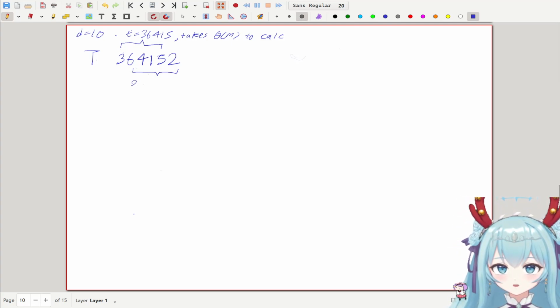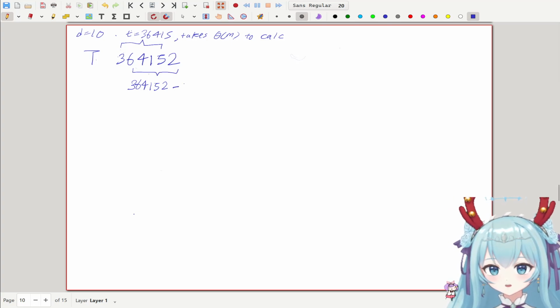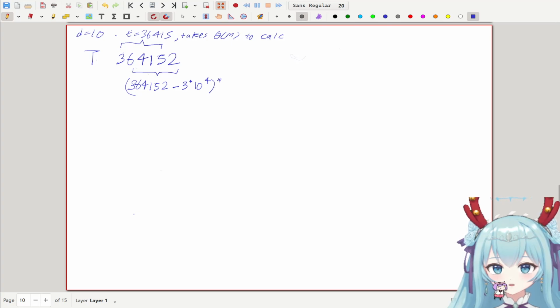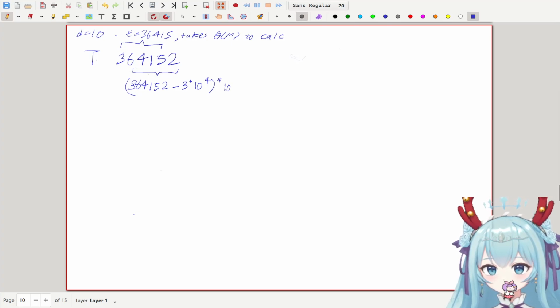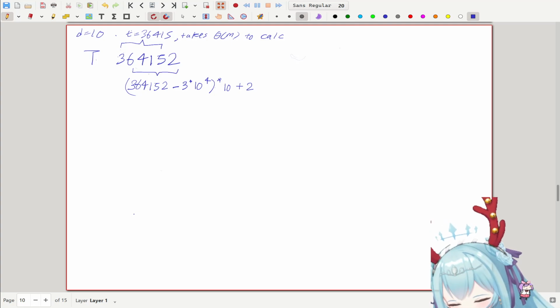We can just take the old t value, which is 364152, minus the value of the most significant digit they had. So it will be minus 30,000, okay? And then we'll multiply it by 10 and we'll add our new digit.